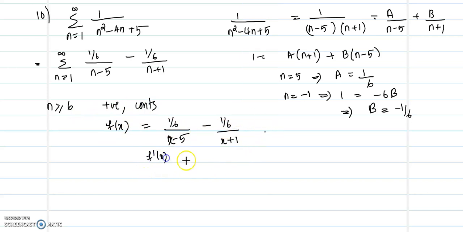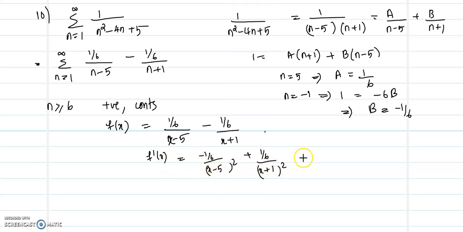Now f dash of x will be minus 1 by 6 by (x minus 5) whole square plus 1 by 6 by (x plus 1) whole square, and here the denominator will be the lowest for this one compared to this.